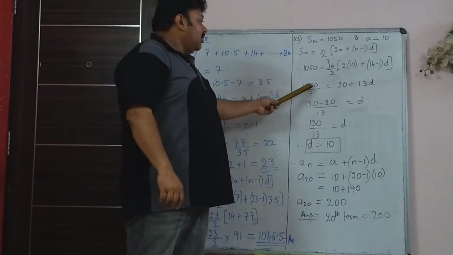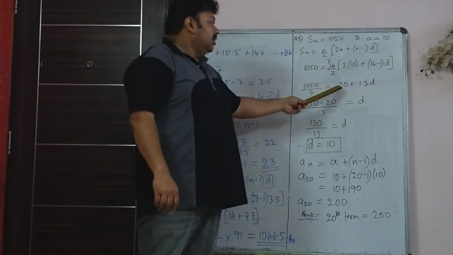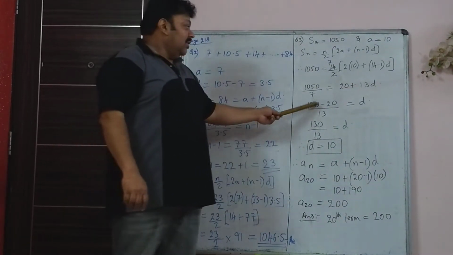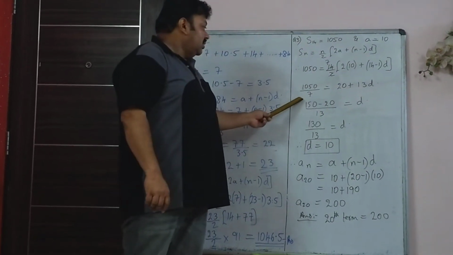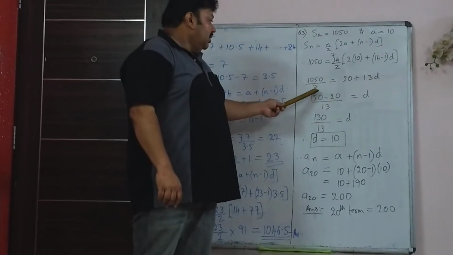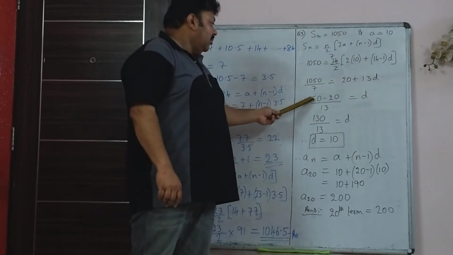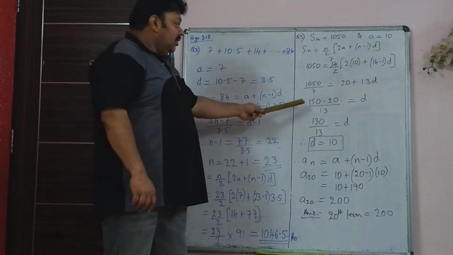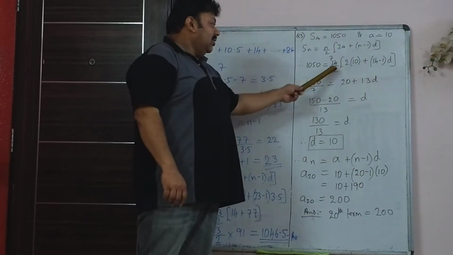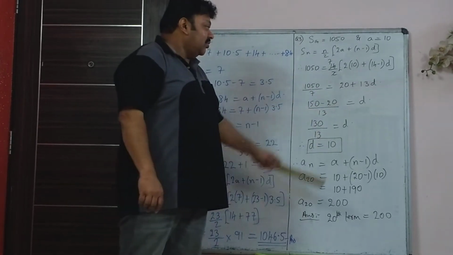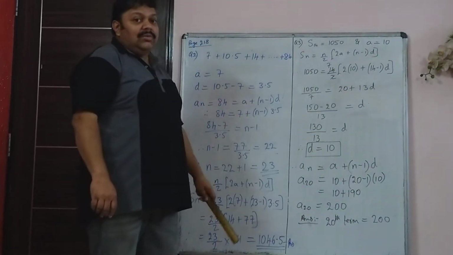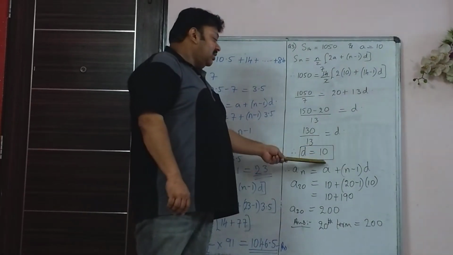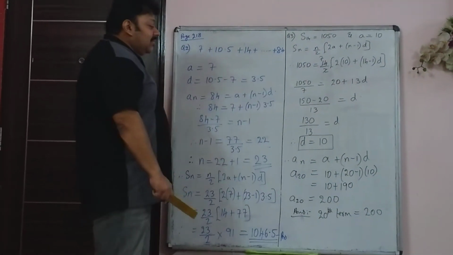So from that you get 1050 upon 7 is equal to 20 plus 13D. 150 into 7 is 1050, so 150, and when you shift the 20 here it becomes minus 20 and the 13 will come to the denominator. So it becomes 130 upon 13, that is 10. So D will become 10.